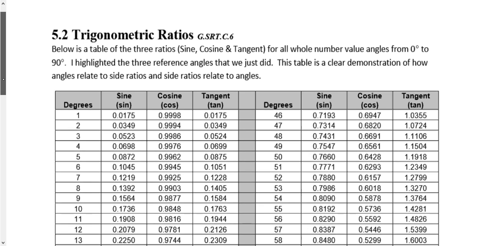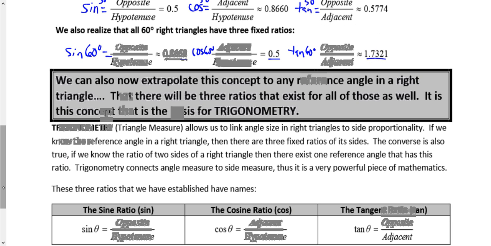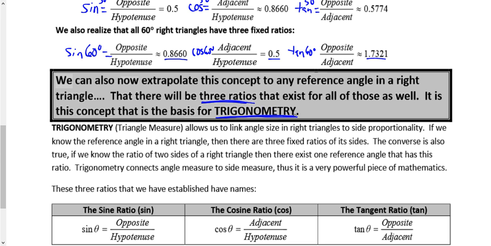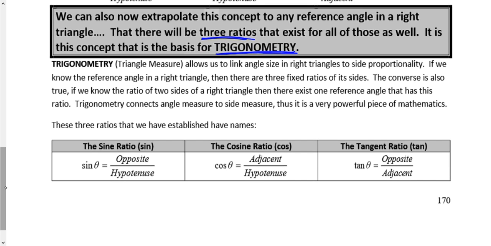Okay, let's go back to this big number chart. We've got three ratios that exist for all of these triangles, and these three ratios are the basics of trigonometry. It's what it's all based on, and it is just about the most useful math you've encountered so far, because it's used in the real world quite a bit.